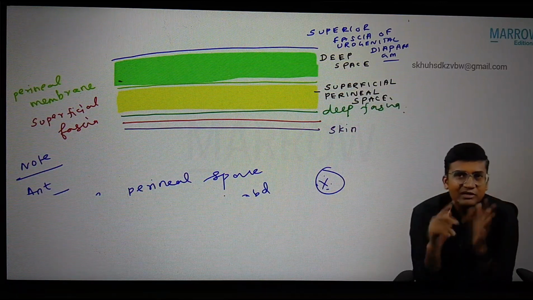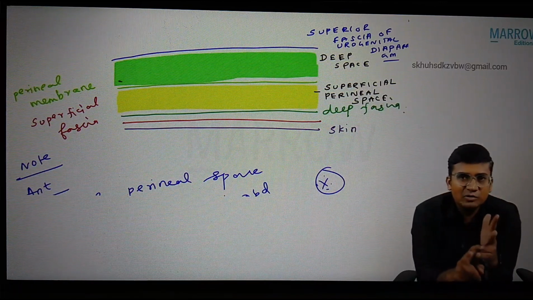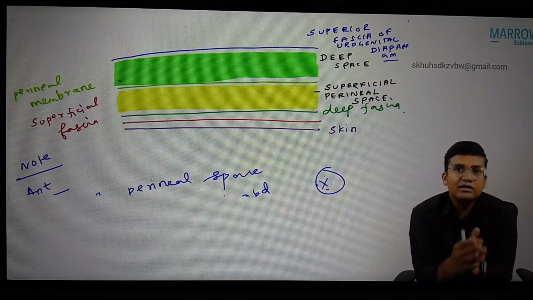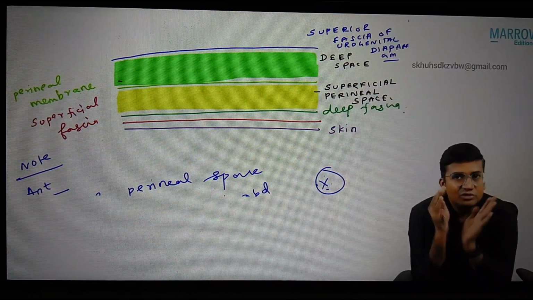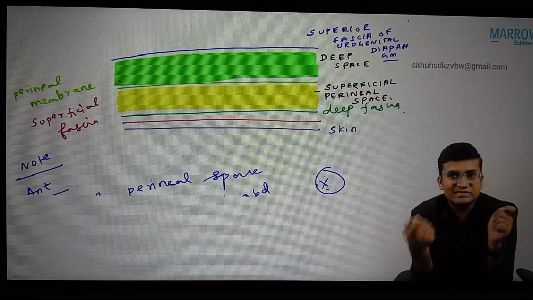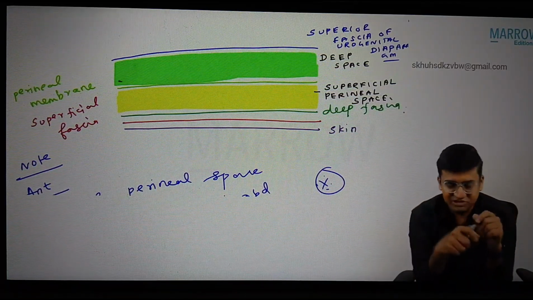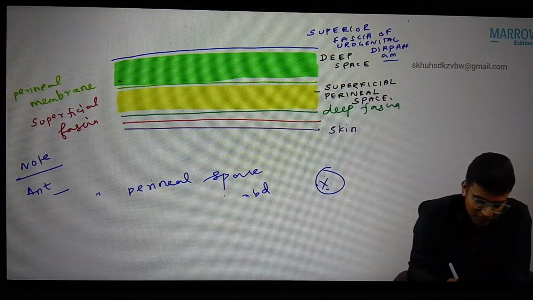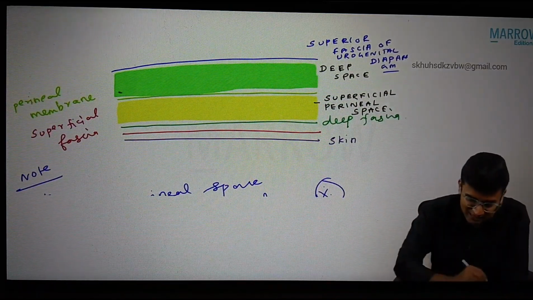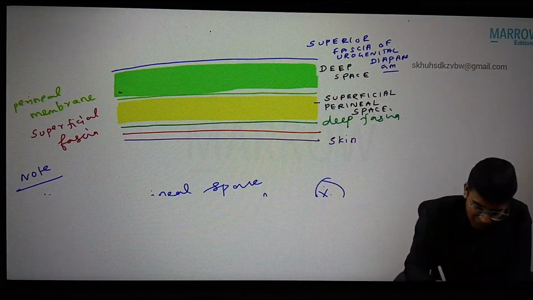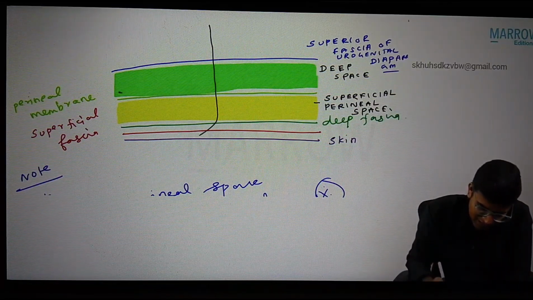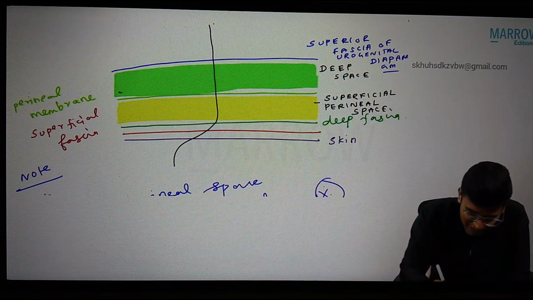But in males, the urethra has subdivisions. What urethra is present in the deep space, and in the superficial space? That will be the question. So now we're going to draw a line diagram to discuss the contents. First in the male, this is the prostatic urethra, membranous urethra, and the spongy urethra.